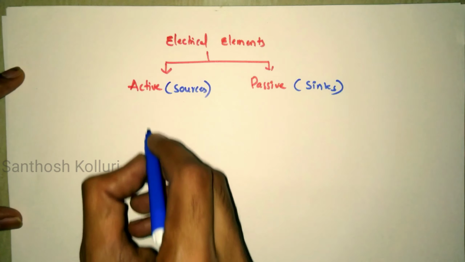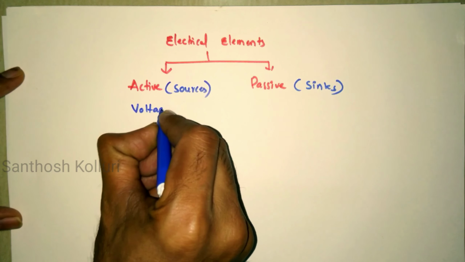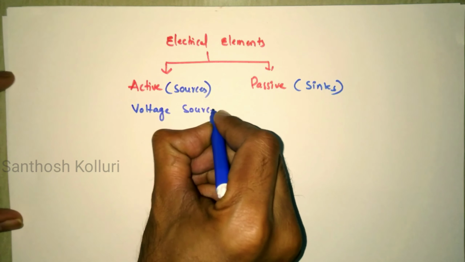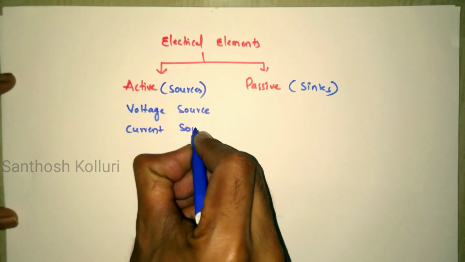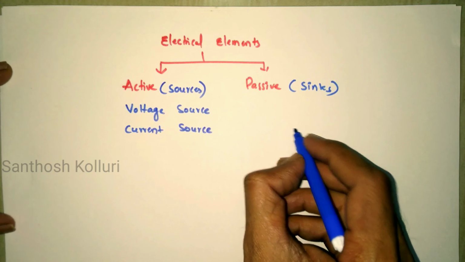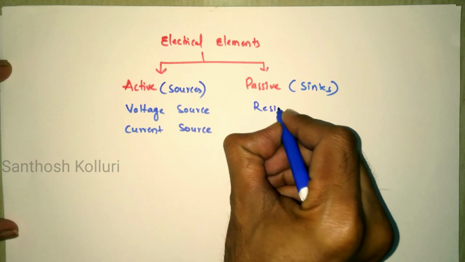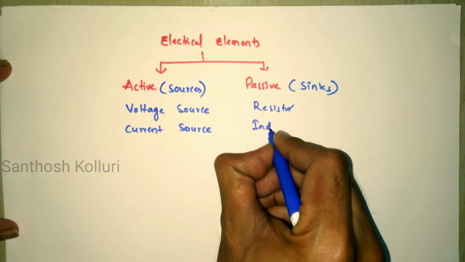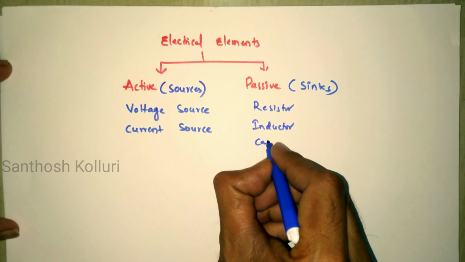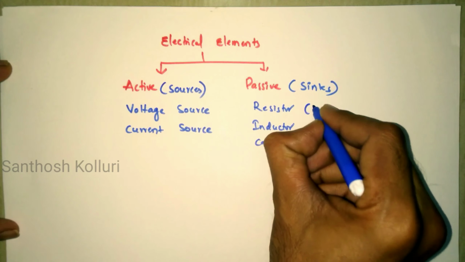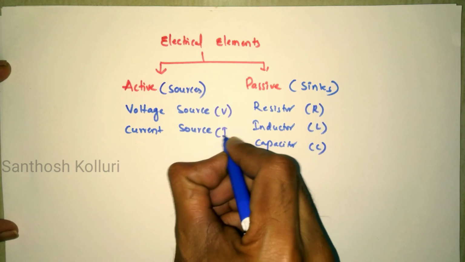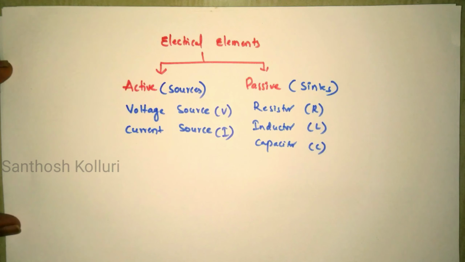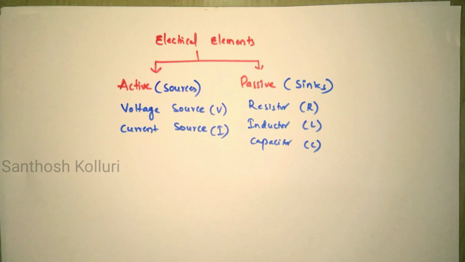Examples of sources are the voltage source and the current source. Examples of passive elements are resistor, inductor, and capacitor. In short we can write these as R, L, and C. The voltage source can be written as V and the current source as I. And these are the sinks or passive elements: resistor, inductor, and capacitor.